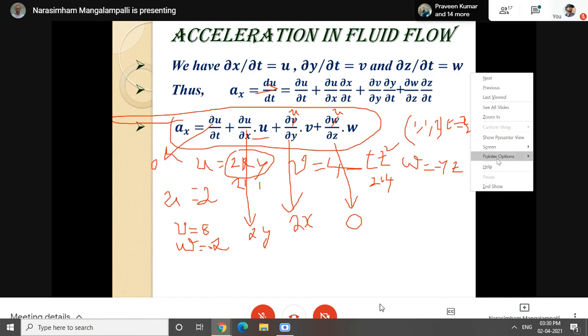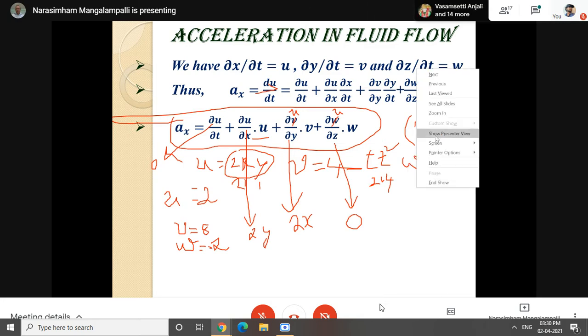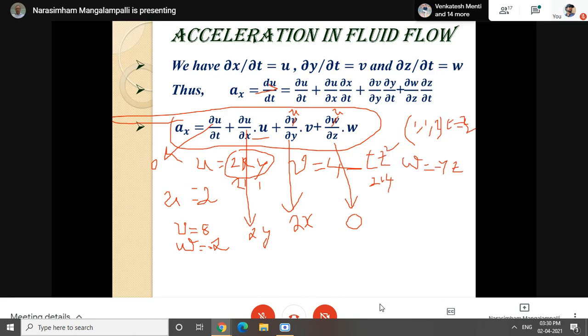Perhaps I can change the size. I think it is better to write like this.